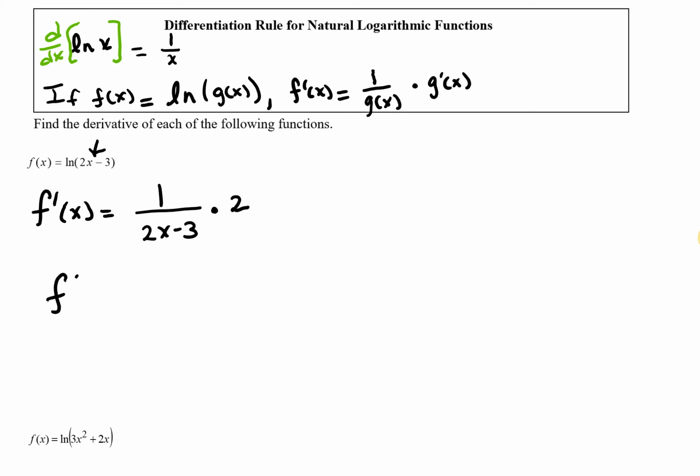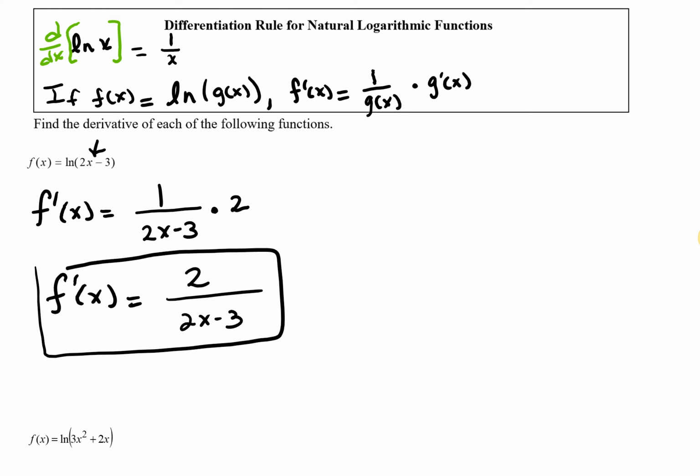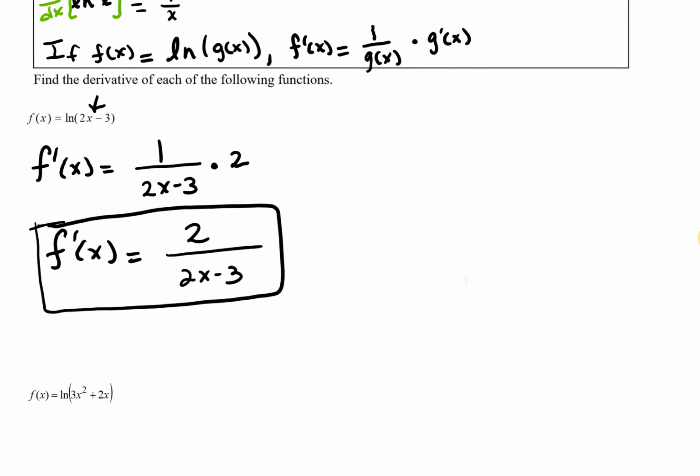To clean this up just a bit more, all you have to do is multiply 2 times 1, and you get 2 over 2x minus 3. So it looks a lot like this. Okay? So nothing really to it, these natural logarithm derivatives. Pretty straightforward, pretty easy.